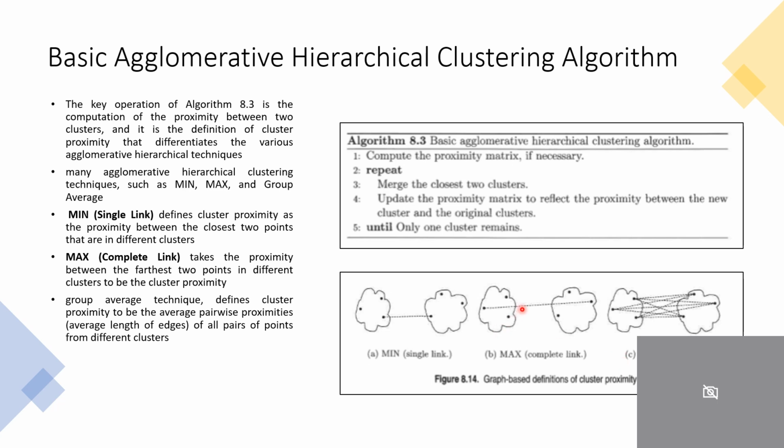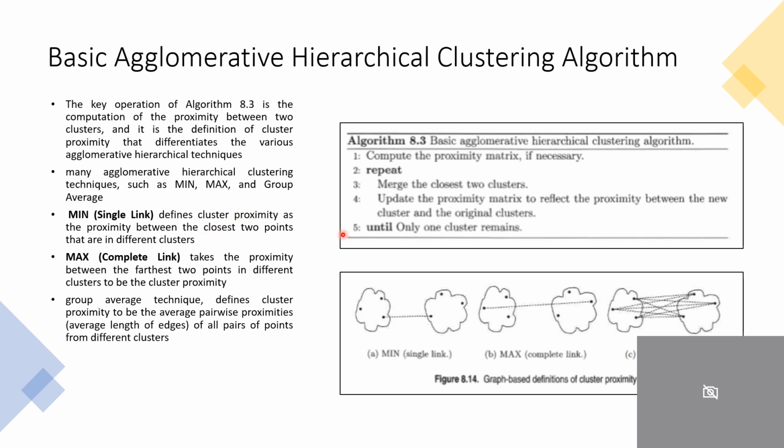So basically here you have three methods. One is min link, max link, and another one is group average. So basically three methods are there and problems will be asked on this. What is min link? Min link means you define the cluster proximity as the proximity between the closest two points.